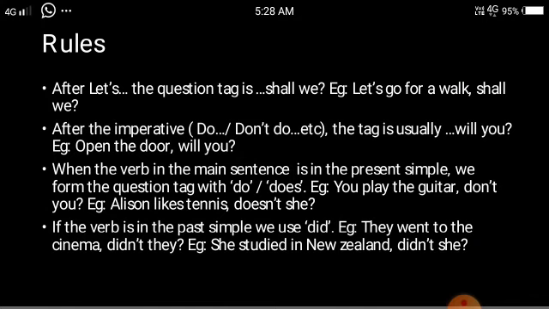Next point. After the imperative, you're giving a command, do or don't do something, then the question tag will be will you. Open the door. Will you?